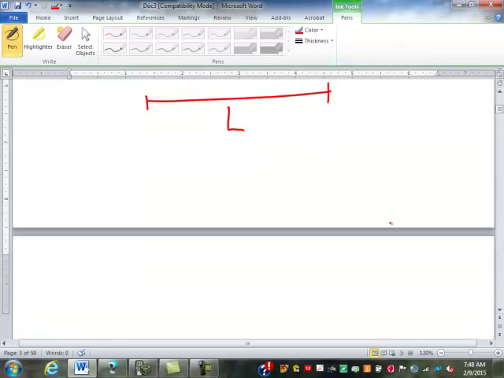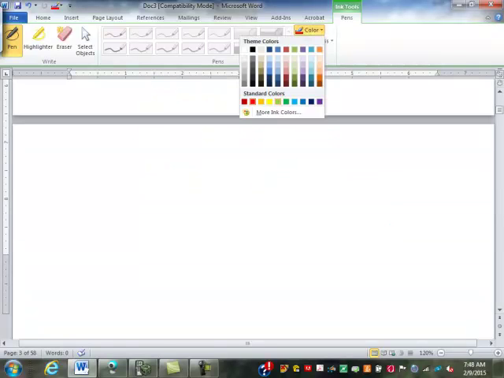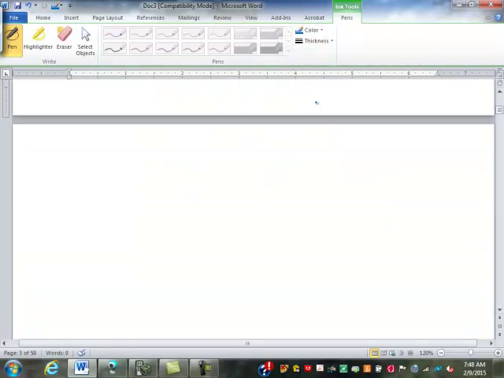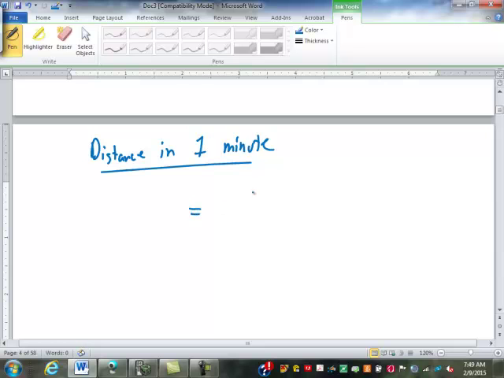So the first thing we need to figure out is how far do you move in a minute? The distance you would move in a minute is going to be the feed rate, which is your distance per revolution, times your RPM, which is your number of revolutions.